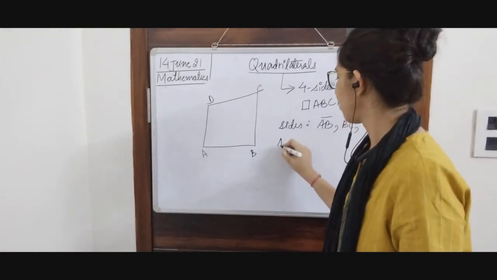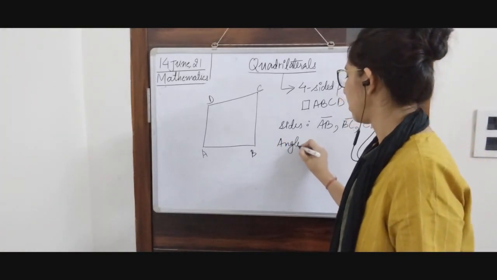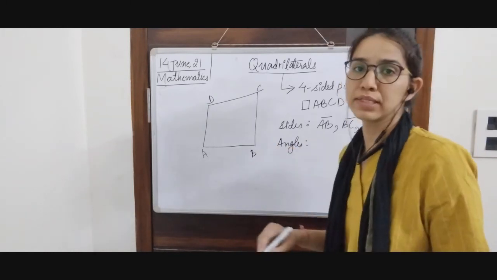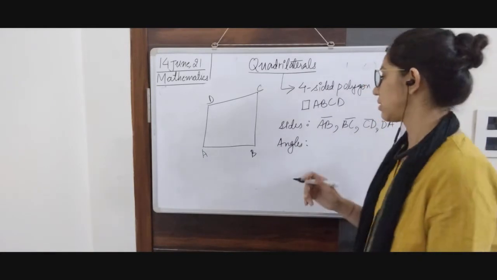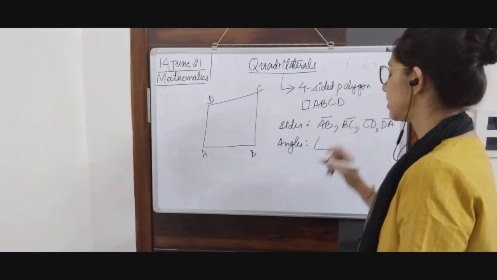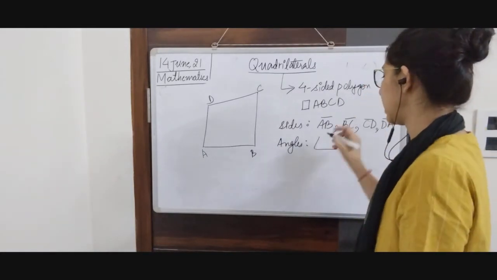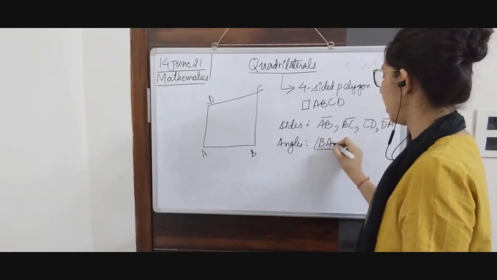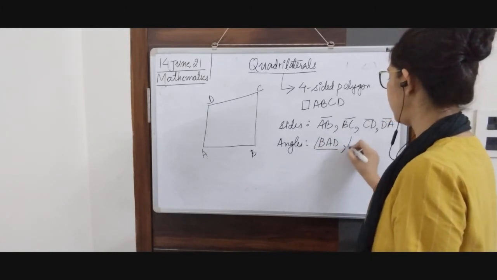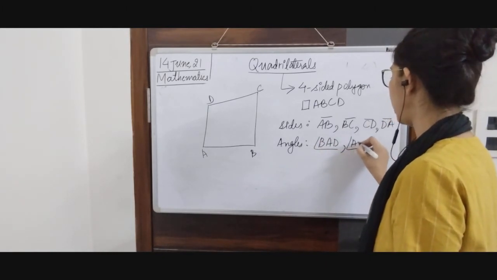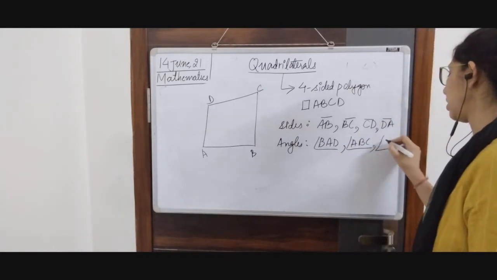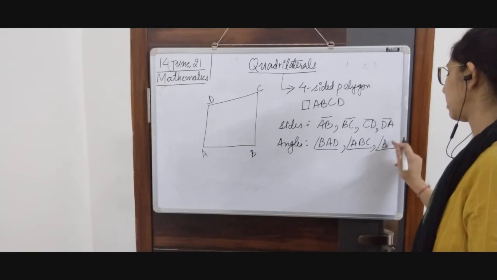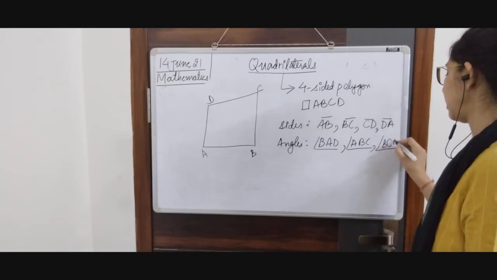Then we have angles. We have four angles in the quadrilateral, and the names of those angles are: first, with A as vertex, it will be BAD. Then B as vertex, it is going to be ABC. C as vertex, it is going to be BCD.